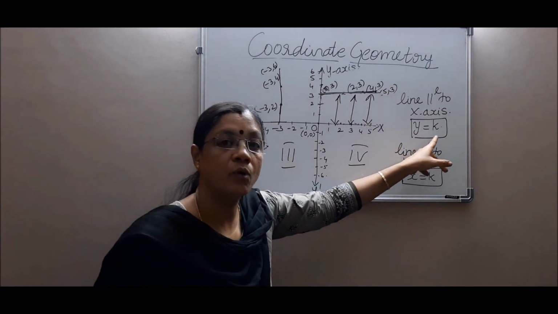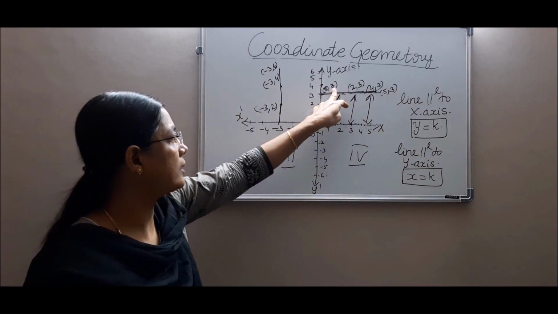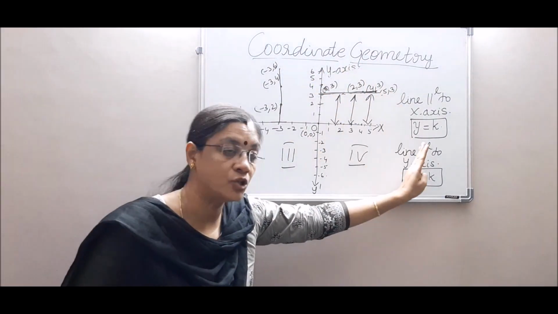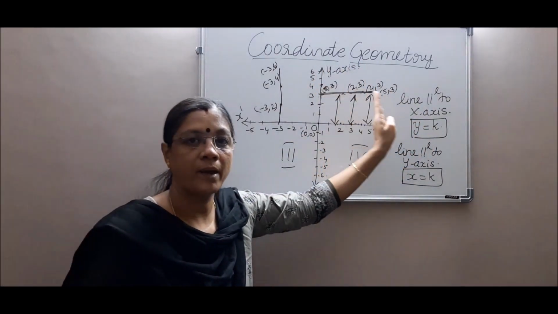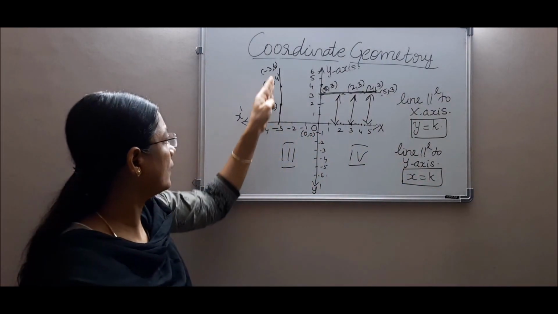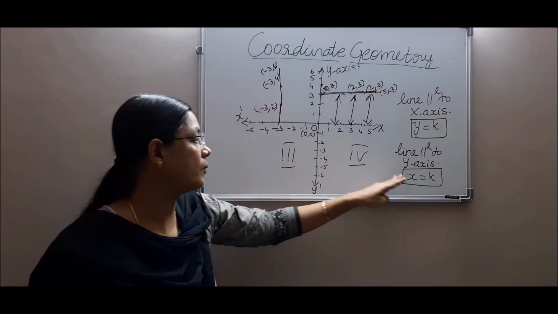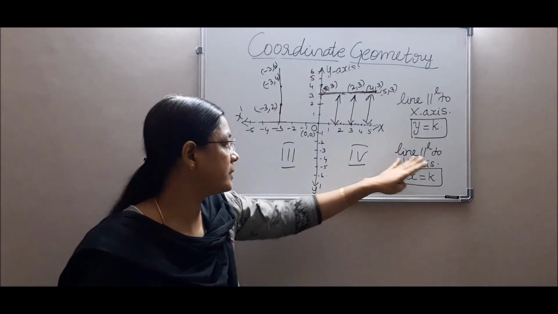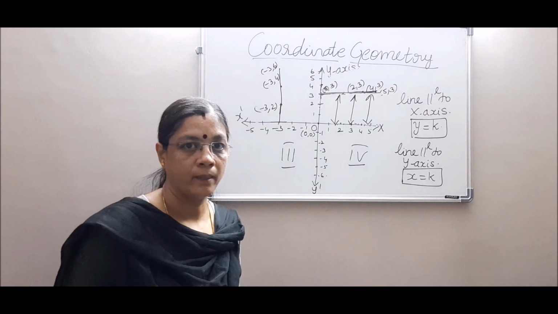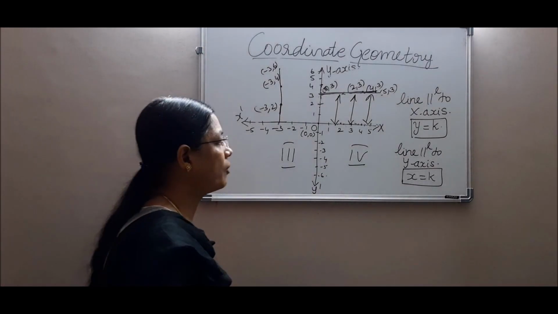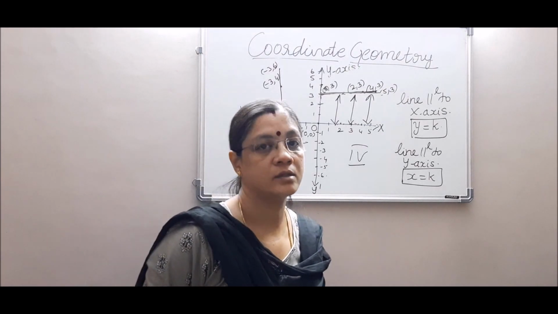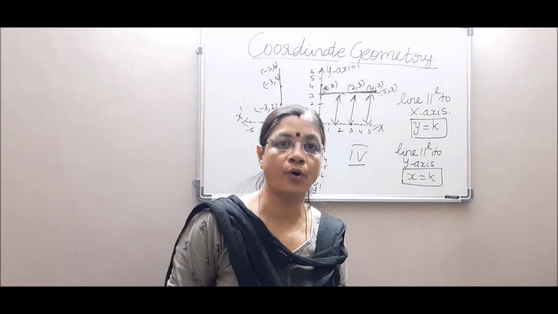When y is some constant, y is equal to k, the y value doesn't change, then that represents a line parallel to x-axis. When x doesn't change, when x is constant, x is equal to k, this equation represents a line parallel to y-axis.